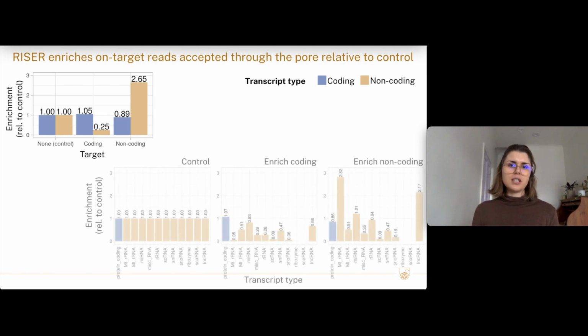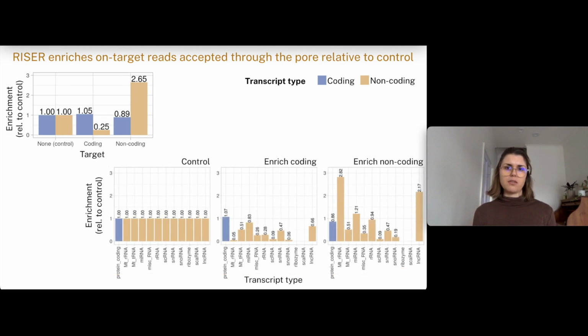If we look at a more detailed view of what's going on per specific transcript type, we can see that the non-coding transcript types are depleted in the coding run in the middle and enriched in the non-coding run on the right, with the largest impact seen for mitochondrial ribosomal RNA, where we get a depletion down to 0.05x for the coding run and an enrichment up to 2.8x for the non-coding run.